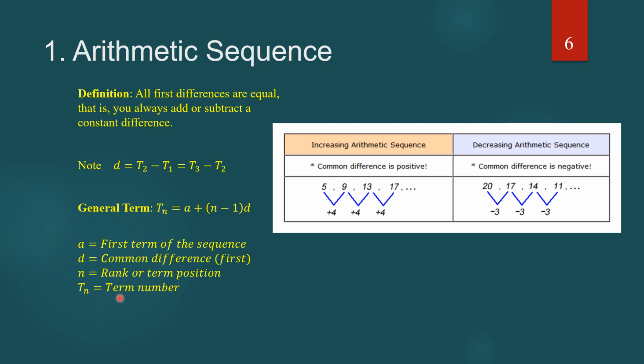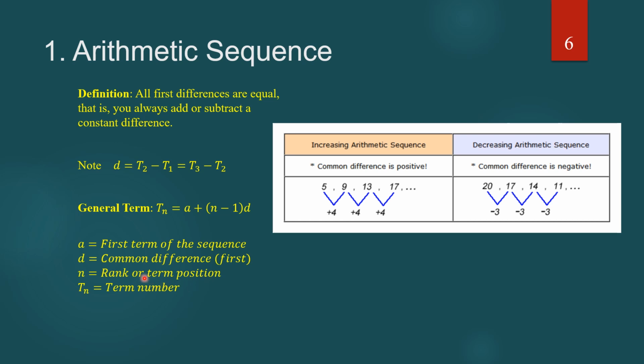If I use an example, if you look at an increasing arithmetic sequence, our a would be 5, because 5 is the first term of the sequence, and then d would be 4, because if you subtract the subsequent terms, you get a constant value of 4.